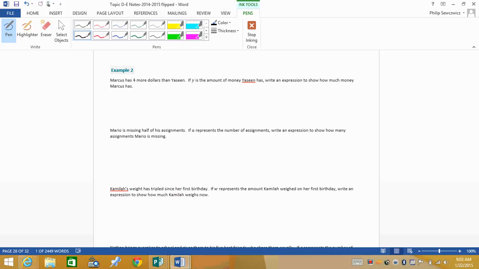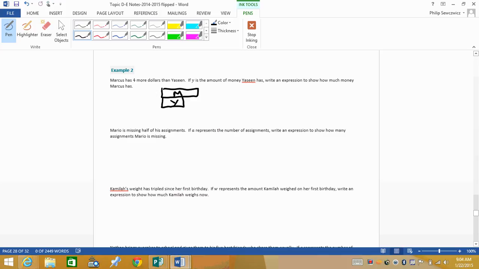So, example 2, the first one here is Marcus has $4 more than Yassine. If Y is the amount of money Yassine has, write an expression to show how much money Marcus has. Well, if we compare the two of them, Marcus has 4 more, so Yassine is going to be a lesser amount.